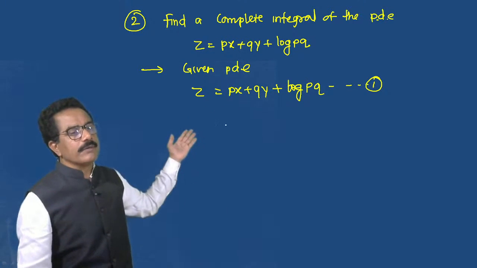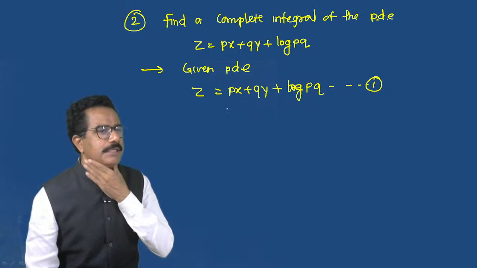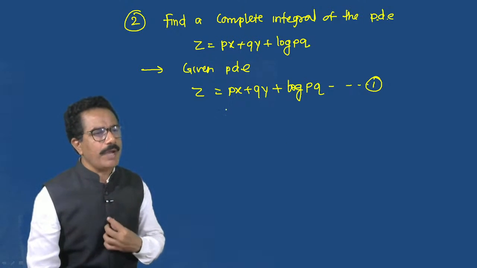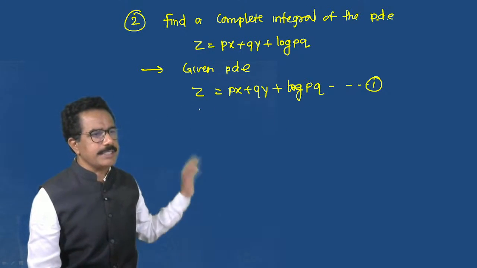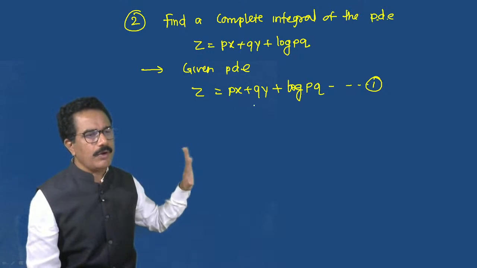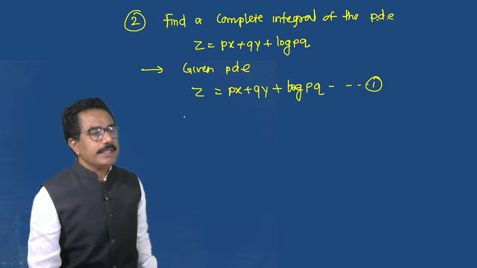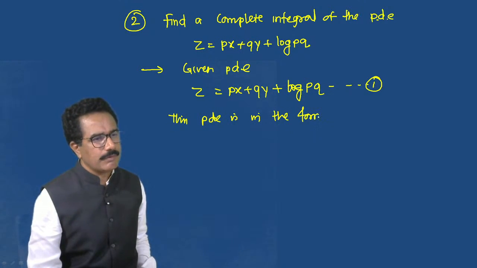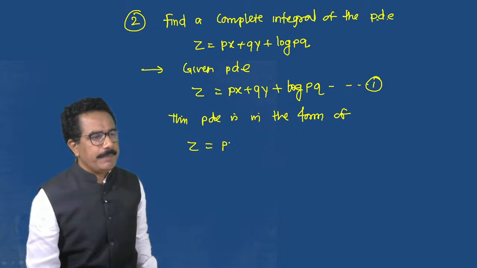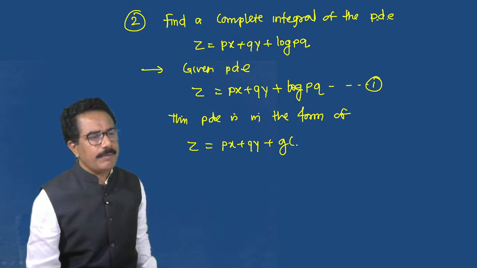Now we have to convert this in the form of z is equal to px plus qy plus g of p comma q. So you can write z is equal to px plus qy plus log of p comma q. This PDE is in the form of z is equal to px plus qy plus g of p comma q.